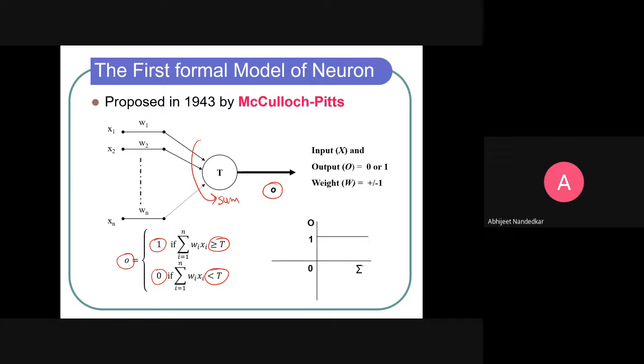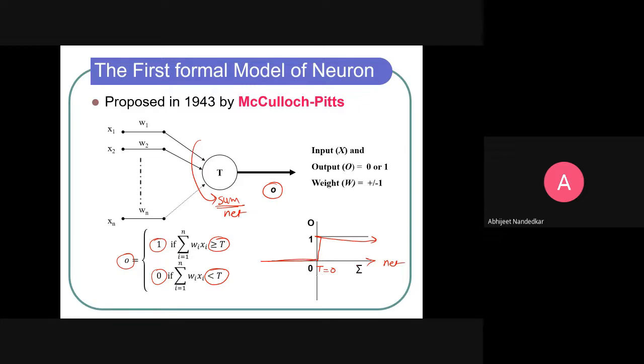So you can see here, if I draw like this, this is my net. I call this sum here the net value, and if the net value is more than this threshold, say equal to 0, then your output is fired and it is 1. Otherwise, if your net is less than 0, it is 0.